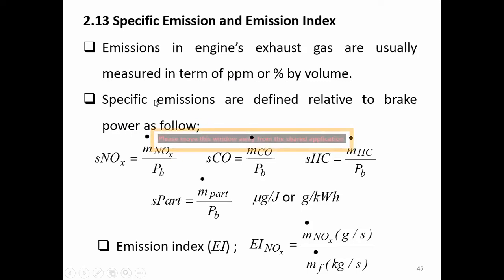So this is how we come up with the specific emission. We measure the amount of the emission that comes out and divide by the brake power.